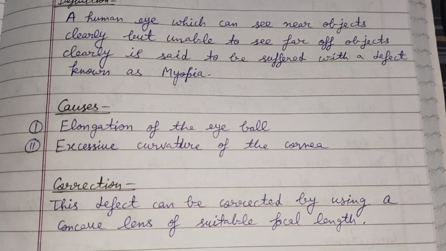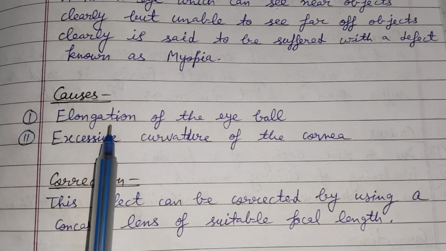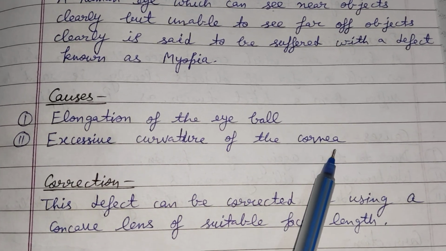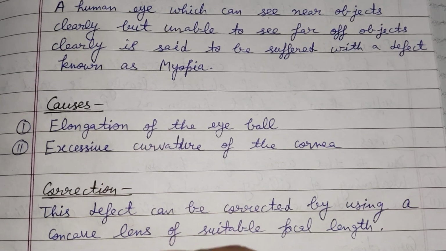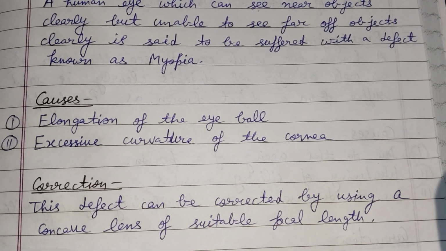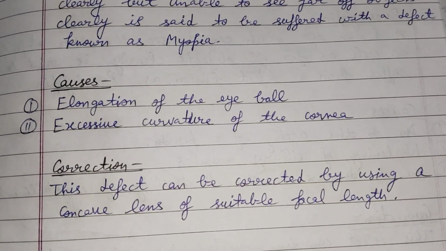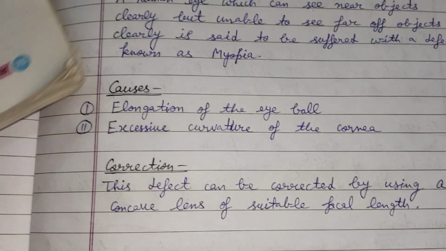Now what are the causes of this defect? The causes can be elongation of the eyeball and excessive curvature of the cornea. Now elongation of the eyeball means the size of the eye becomes large. When the eyeball becomes large, then what will happen?